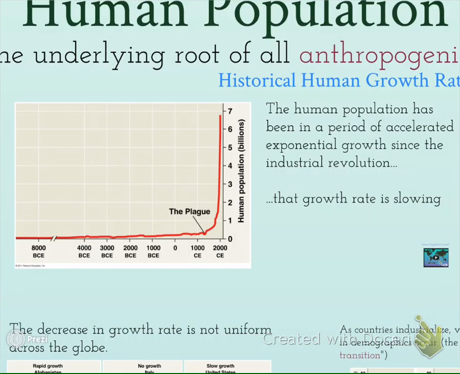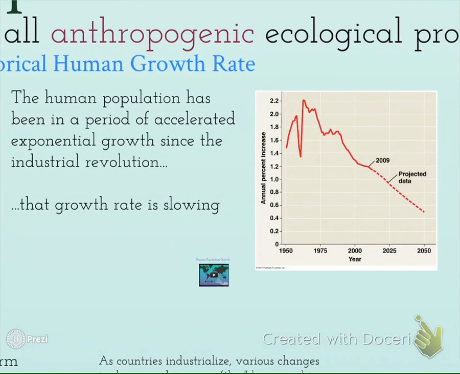It took about all of history to 1960 for the world to reach 3 billion people, and in the 56 years since, we've added 4.5 billion more people. So it's exponential growth. Growth rate slowing, but it's still increasing. And so this graph represents the human population growth.